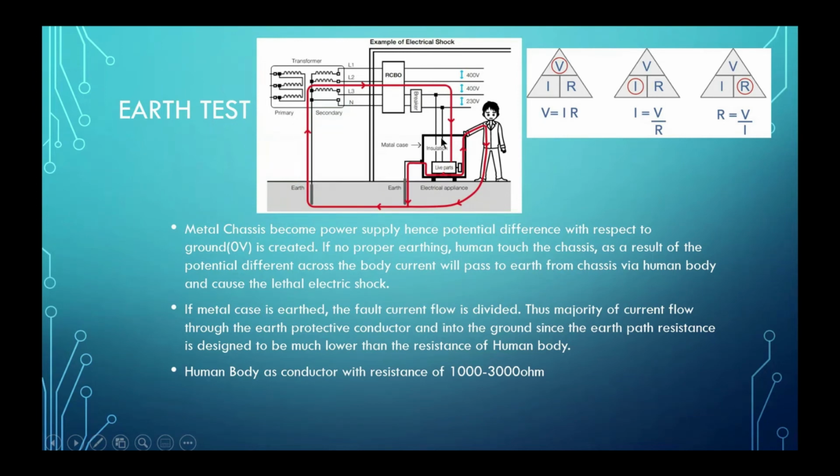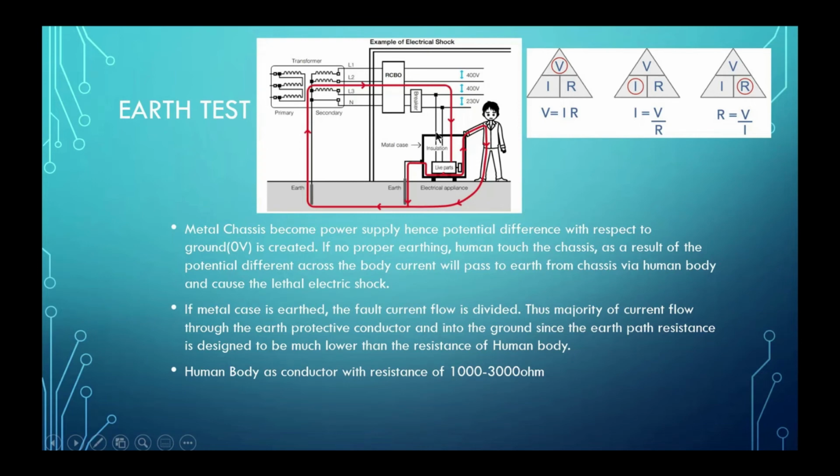Then the copper of the live may touch this metal case. Now you ignore this earth. You assume this condition is without earth, and without the RCD. This RCBO is a combination of RCD and MCB. Without this protecting device, this RCBO and breaker, and you ignore the earth in this condition. Now I'm talking about this live wire coming down.